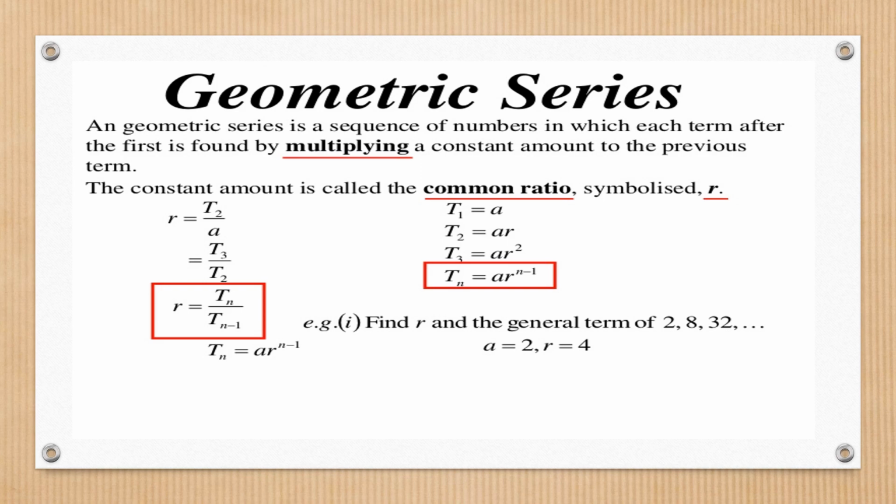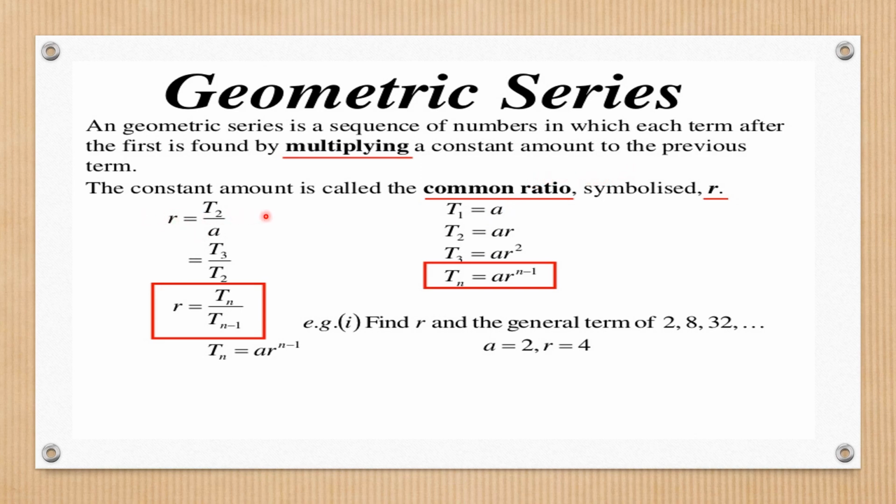Now what happens in a geometric progression? A geometric series is a sequence of numbers in which each term after the first is found by multiplying the previous term by a constant amount. Here the next term is obtained by multiplying a fixed number to the previous term.